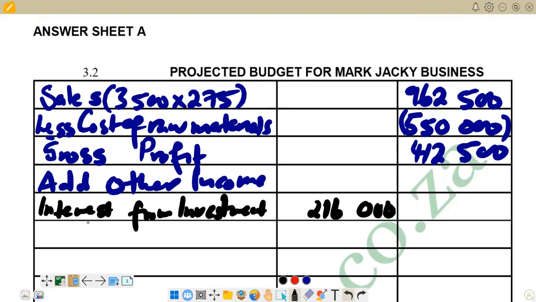Then we also have our government subsidy. For our government subsidy, the amount that we're given there is 1,500,000.